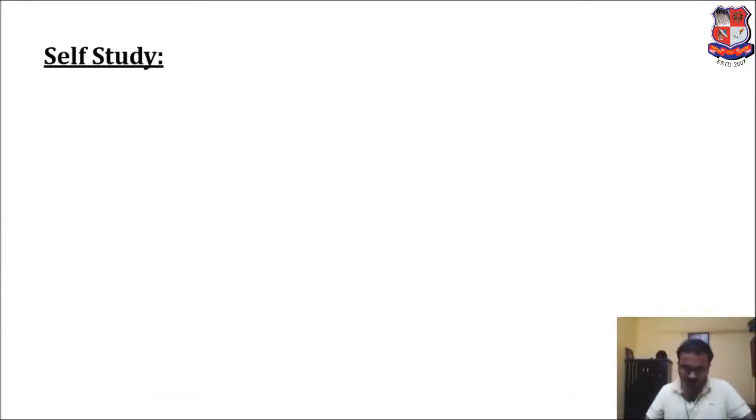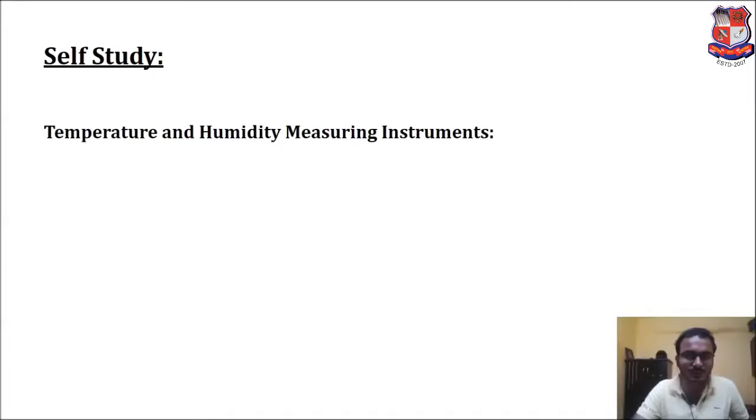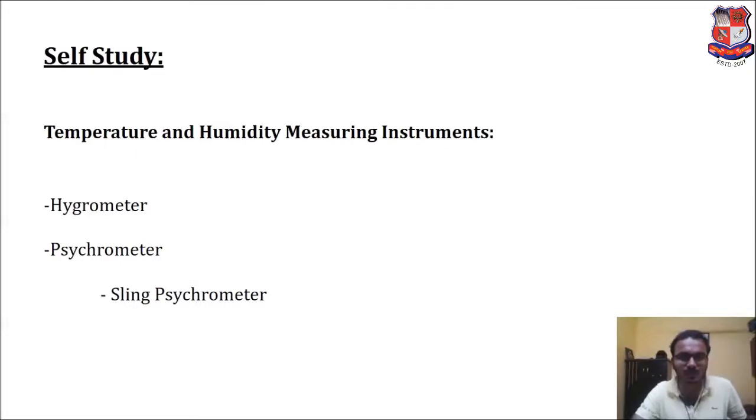Okay, so we are beginning our today's lecture, in which I am giving you few topics for self-study, which are temperature and humidity measuring instruments, in which one will be hygrometer, the second will be psychrometer. Psychrometer has 2 types. First is sling psychrometer and second is aspirating psychrometer.